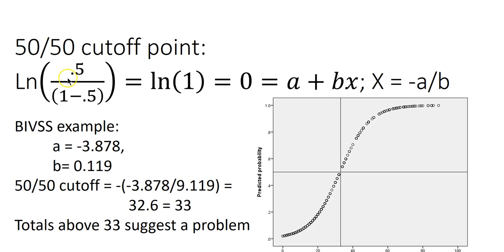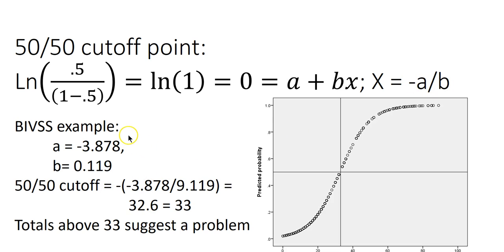If we want to find the cutoff, we can solve for the probability at 0.5. Remember the logit is the natural log of 0.5 over 1 minus 0.5. Well, 0.5 over 1 minus 0.5 is 0.5 over 0.5, or 1. The log of 1 is 0. So we can solve for 0 equals a plus bx, and x equals minus a over b.